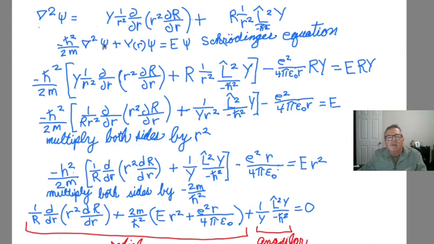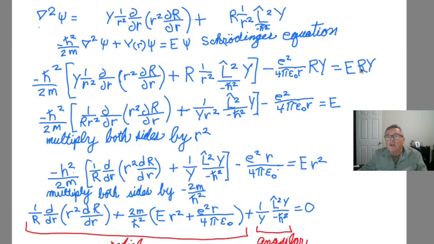There's the Laplacian, there's the Laplacian. And this, our old friend potential energy, and the RY, which is the radial times the angular. So that's the whole function split into variables.